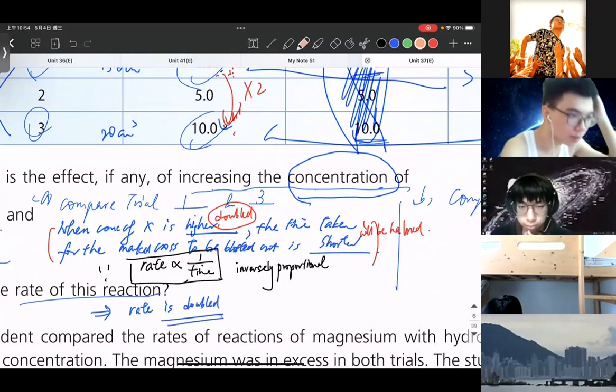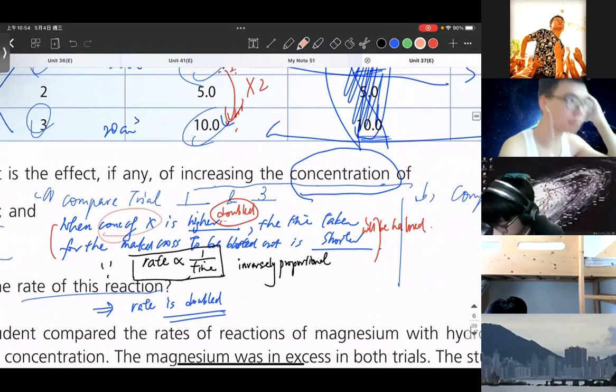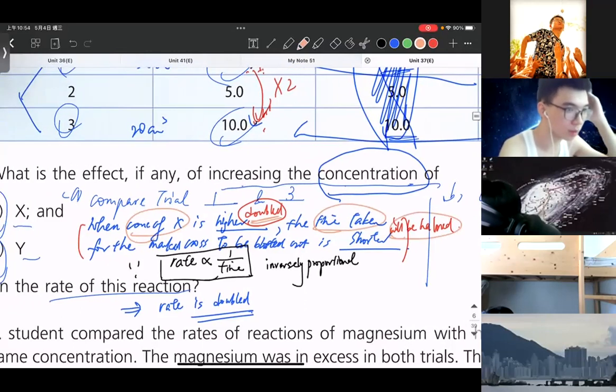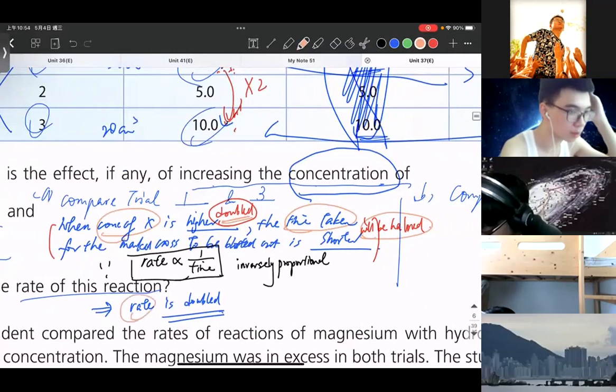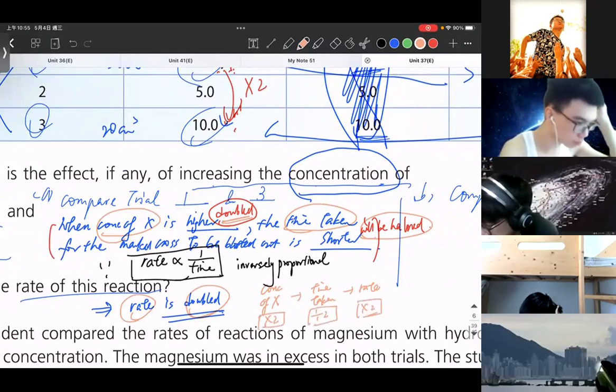So the quantitative statement is: the concentration of X is doubled, the time taken for the mark to be blocked out will be halved, which means that the rate is doubled. This is the mathematical relationship between the concentration of X, the time taken, and the rate.